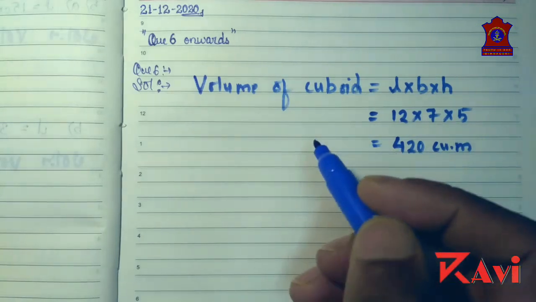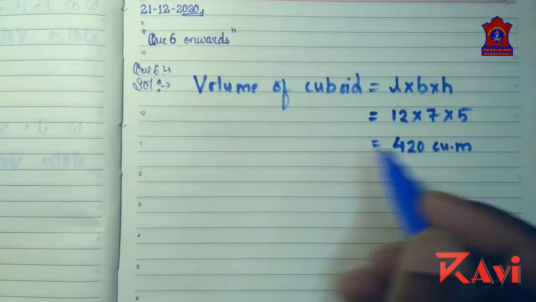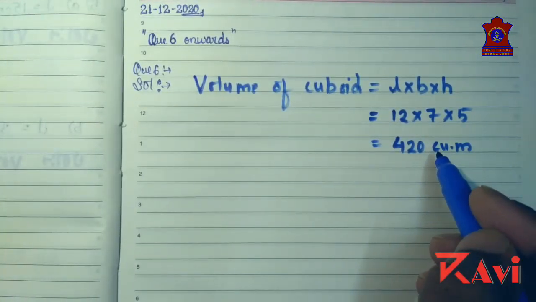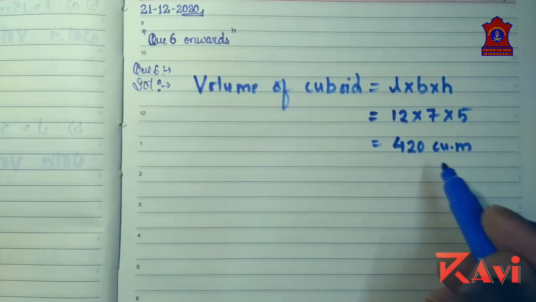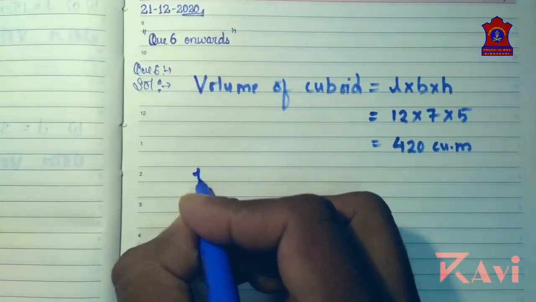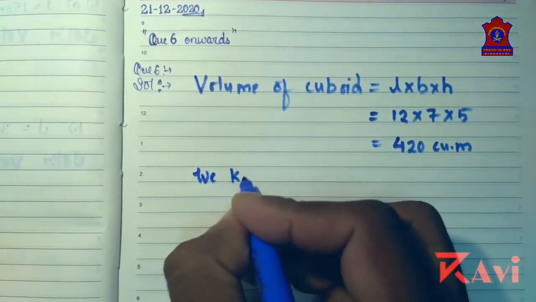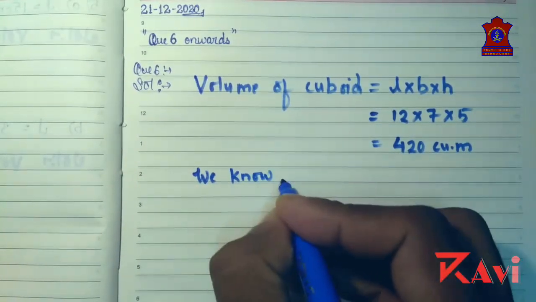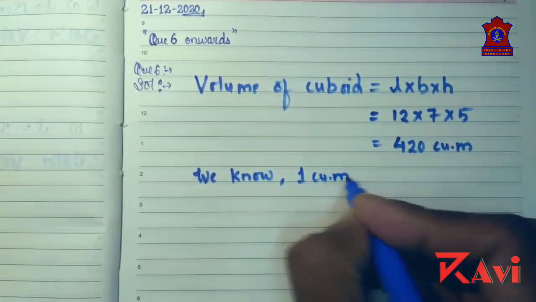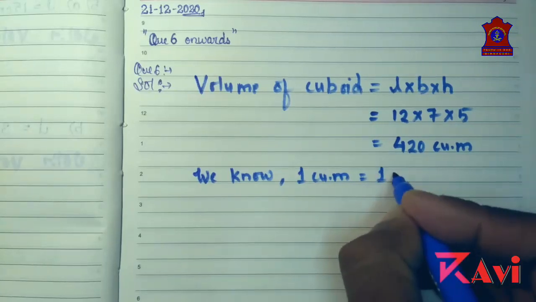But the question is asking how much water can be filled in it. This is the volume of cuboid. If it is asking how much water can be filled in it, it means we know 1 cubic meter equals to 1000 liter.